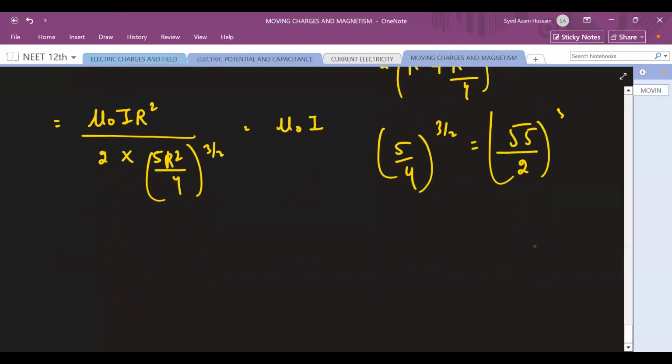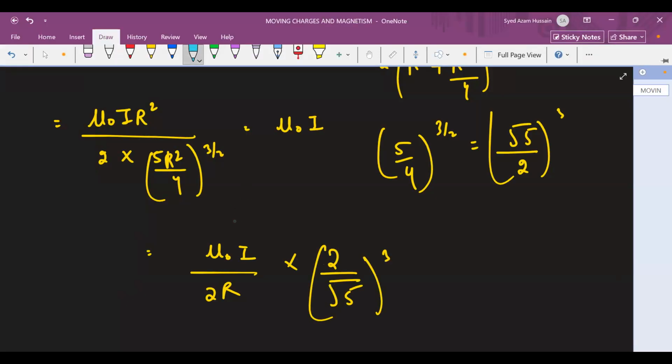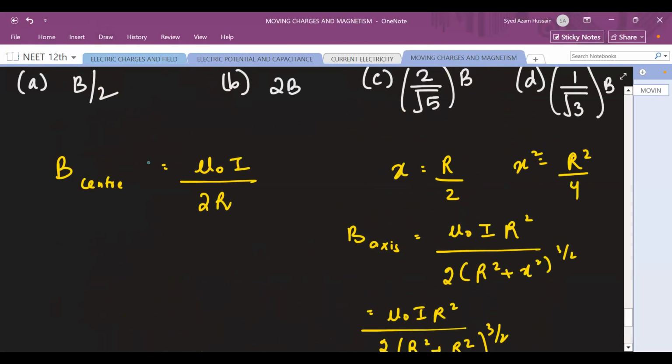So what will be our answer when you take the ratio from here? Mu naught I by 2r into 2 by root 5 whole cube. Now look, mu naught I by 2r, what is this term? This is the magnetic field at the center of the circular coil, which was equal to B. So which option is correct?